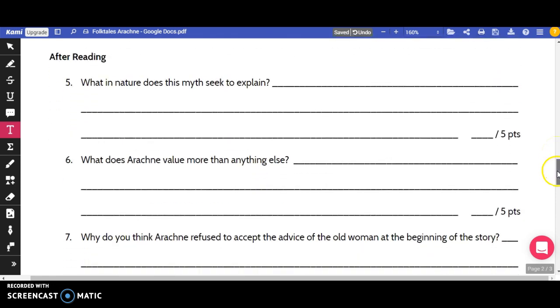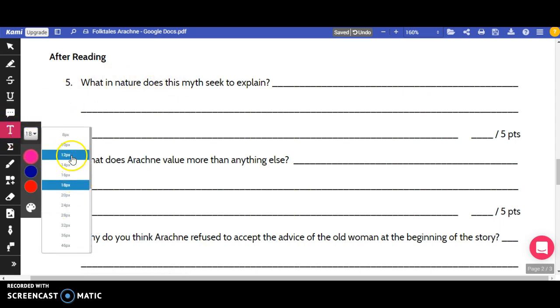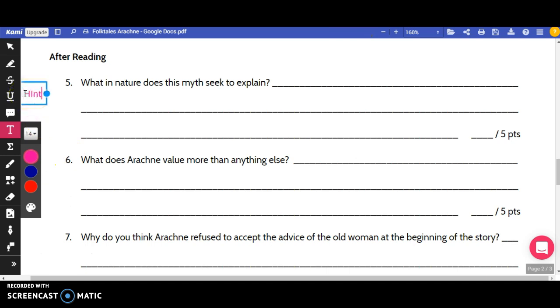After you finish reading the story, there are some more questions. Question 5 says, what in nature does this myth seek to explain? Here's my hint for you. Hint.